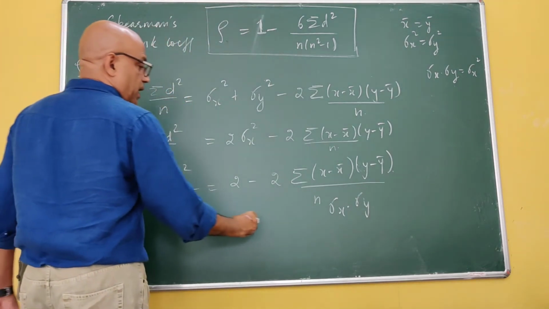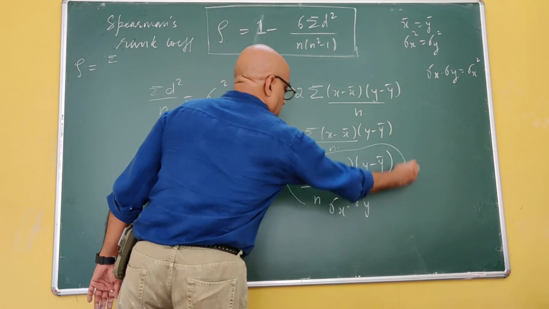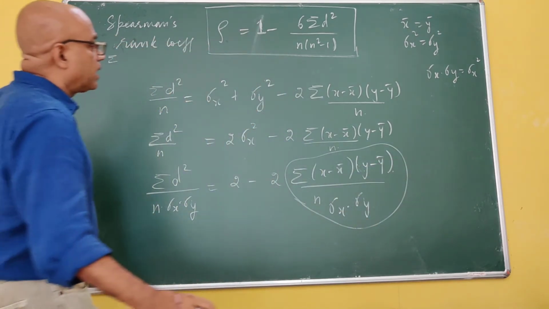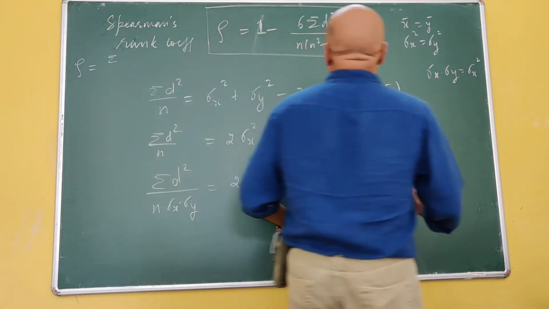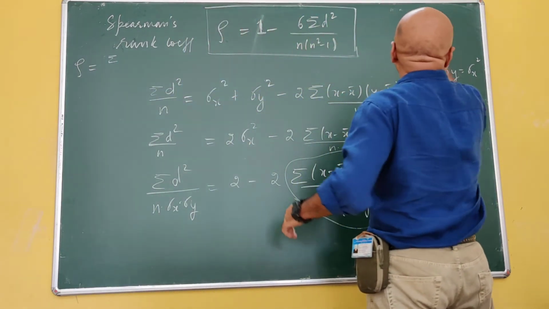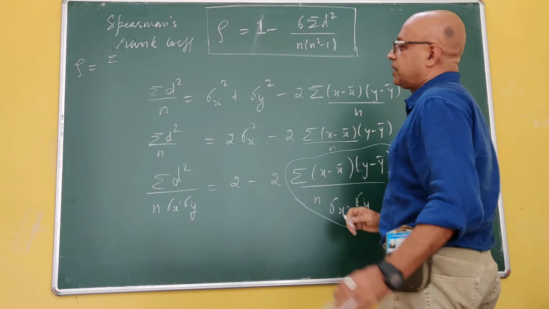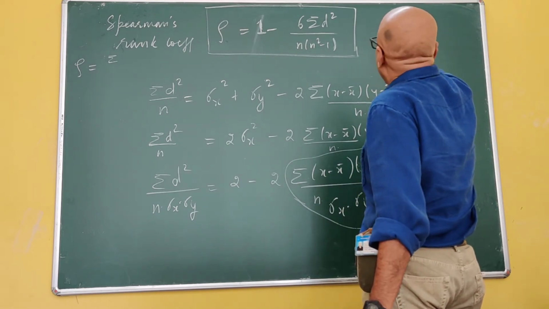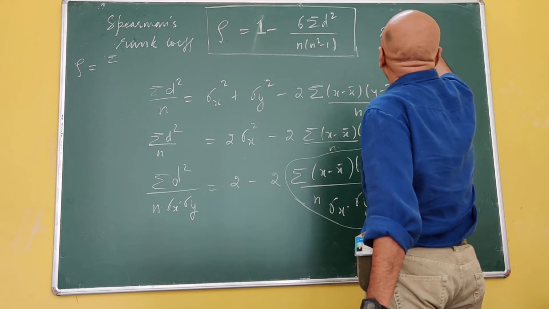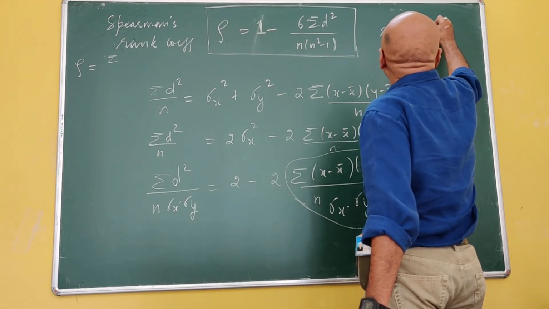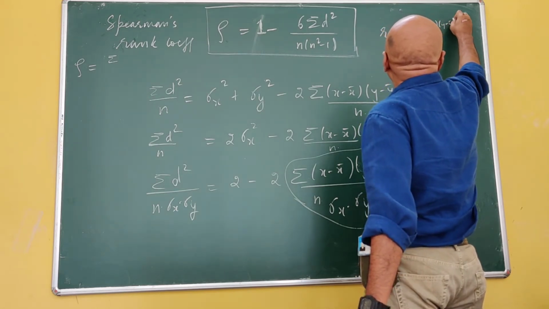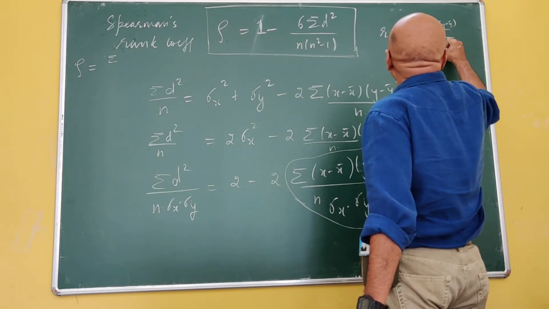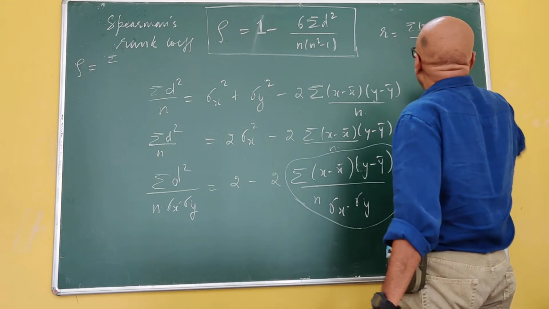So this part, you see, what I'm trying to tell you is Karl Pearson's rank correlation coefficient was summation x minus x bar into y minus y bar divided by n, the whole thing divided by sigma x sigma y, because this is covariance, this is standard deviation.